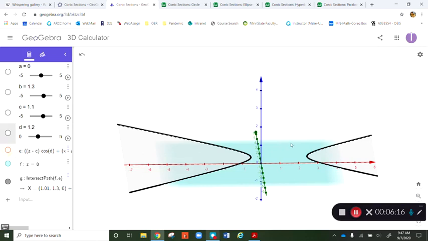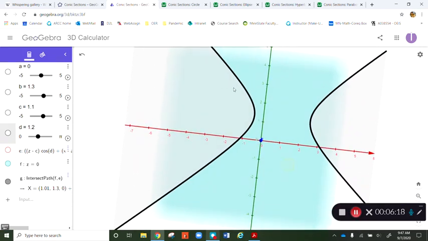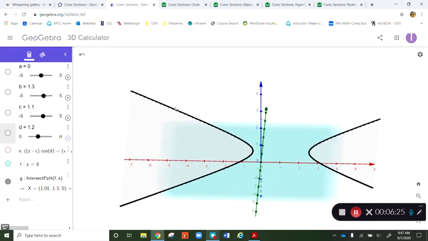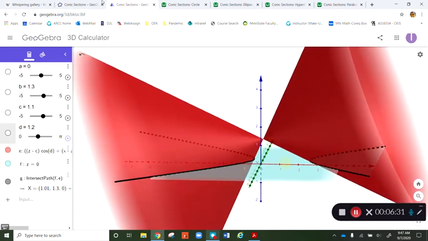So that's the hyperbola. There we go, hiding the cone and looking down, we see the hyperbola. So there are a couple of visualizations for all four different types of shapes that we're going to be looking at here. So we'll end it there for the first video.